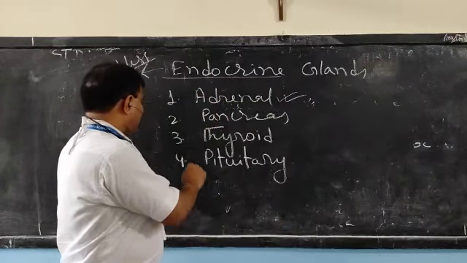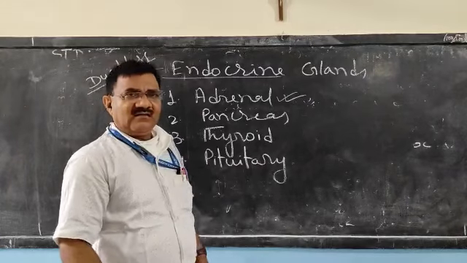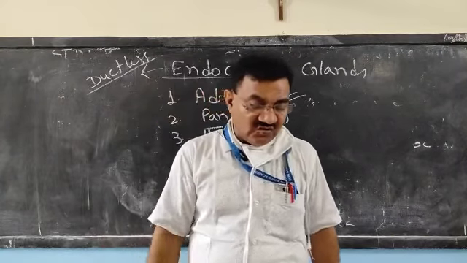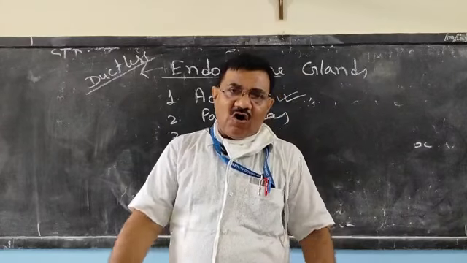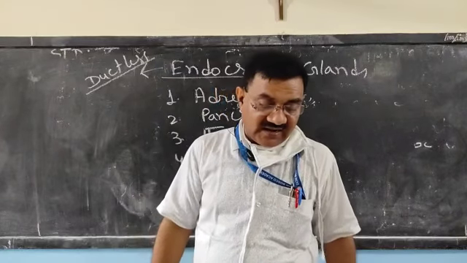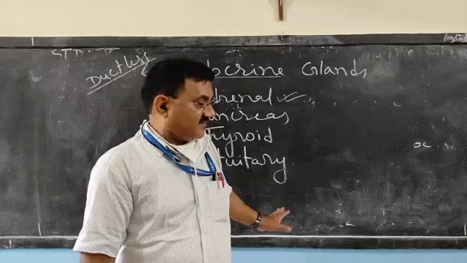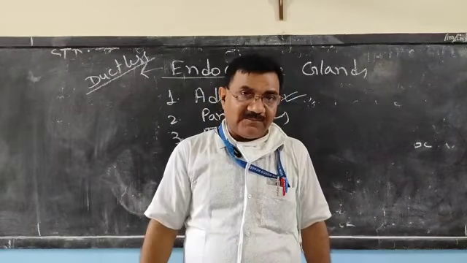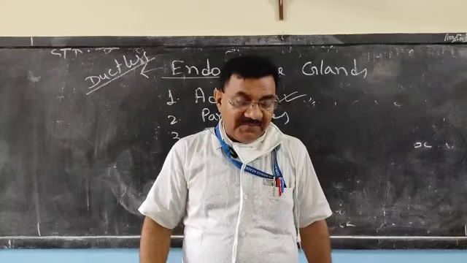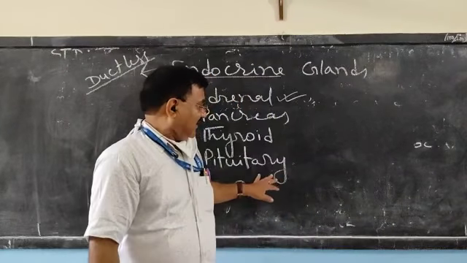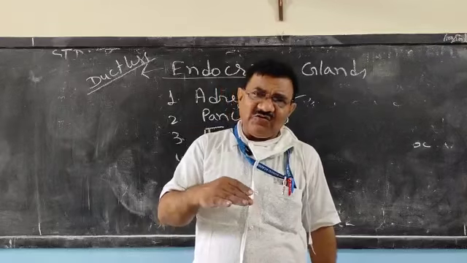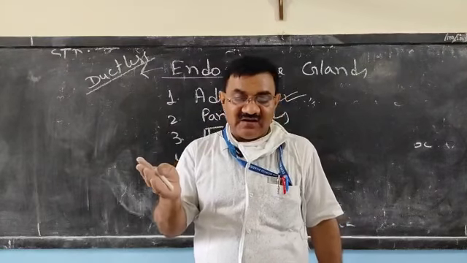And the last one is the pituitary gland, called the master gland, because it seems to control practically all other endocrine glands. Its location is very important: it hangs from the base of the midbrain below the hypothalamus. The pituitary has two parts, anterior pituitary and posterior pituitary.